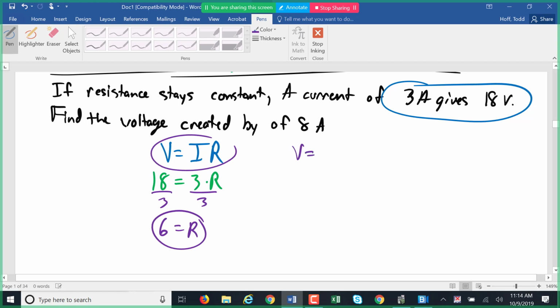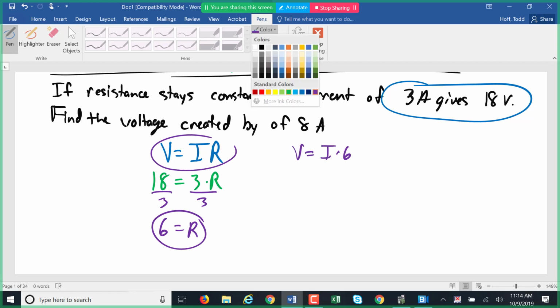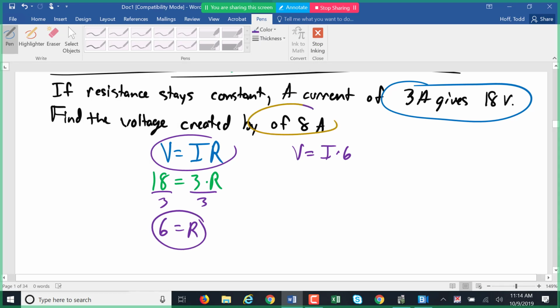So the voltage is equal to the current times 6. It asks to find the voltage when the current is 8. That's just 8 times 6, so the voltage is 48. In that case, when the resistance was held the same, the voltage varied directly with the current.